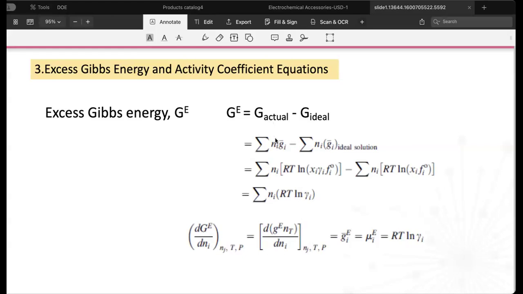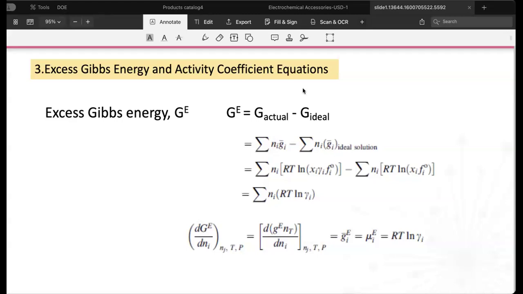When we say excess property, we model it by taking the difference between the real property and the property when we assume the mixture as an ideal solution. So excess property is the property which deviates from ideal solution.